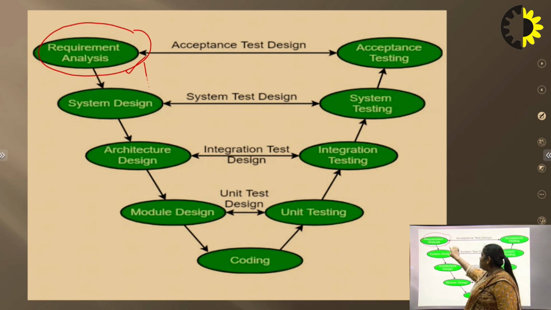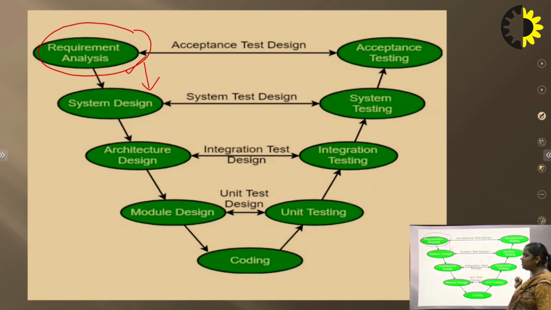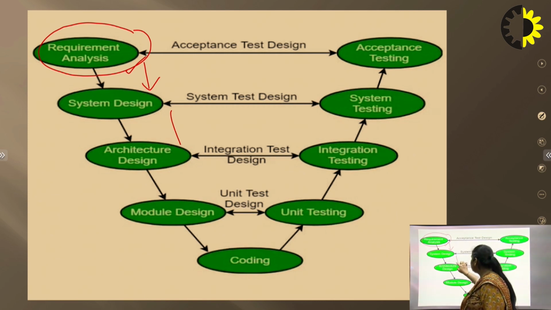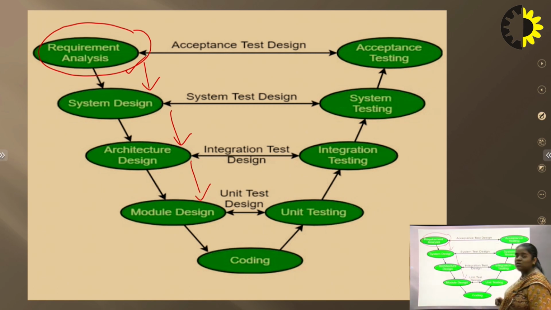After that, we move towards the designing phase and showcase that system design to our customer, and after getting approval from that side, we design the architecture of that particular system. Then we move towards module designing, and after that we move towards the coding phase.